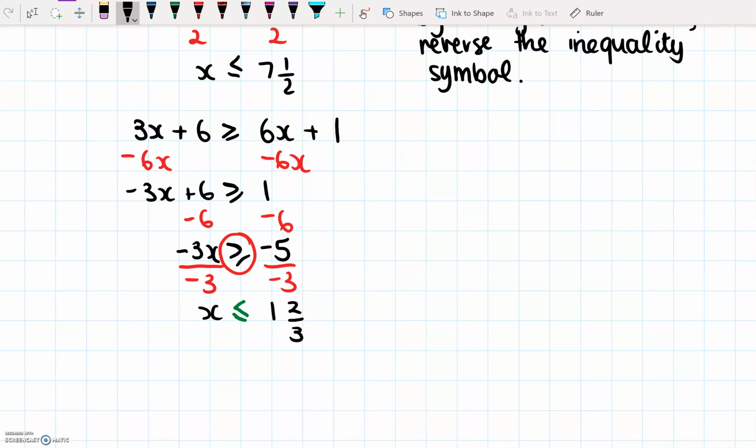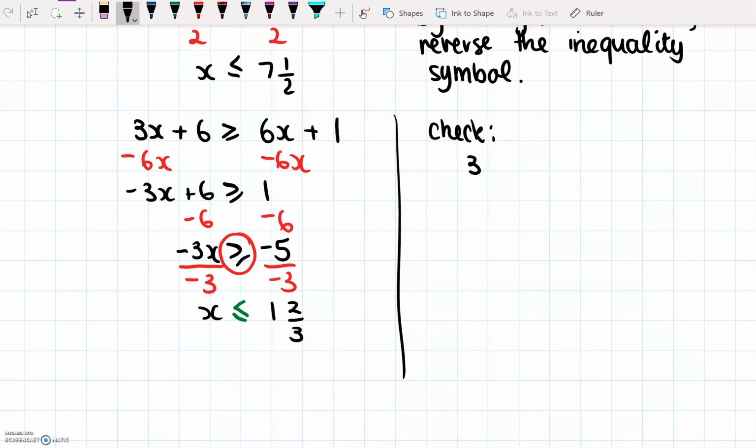And we can test this to make sure. I'll show you now by substitution how we can make sure this works. Let's pick a number that's greater than 1 2/3, let's make it 2. 2 is a nice easy number. We're going to substitute 2 in to see what happens. Theoretically, that's going to give us the wrong answer.